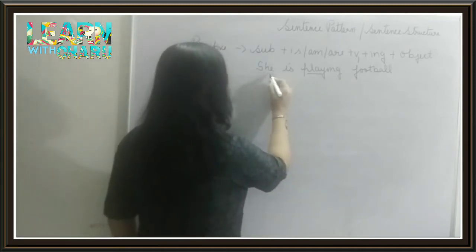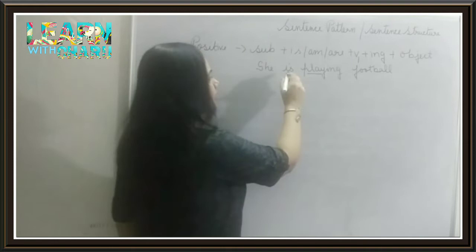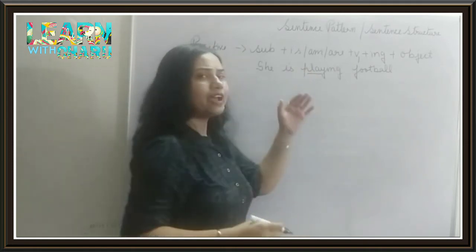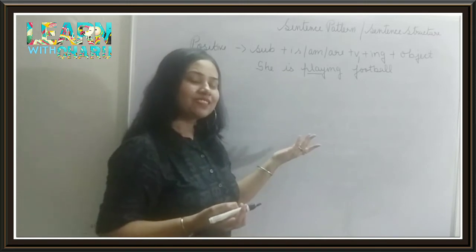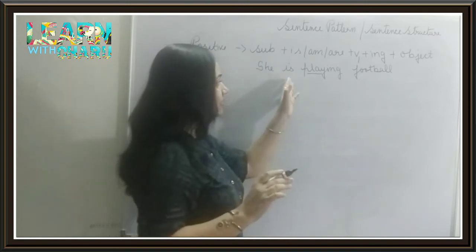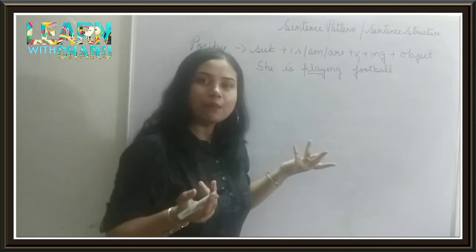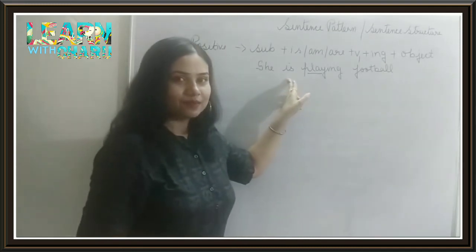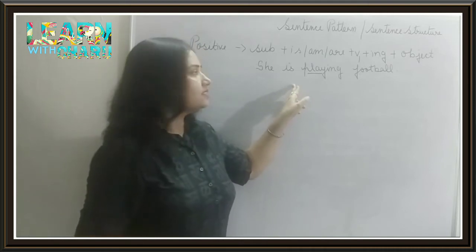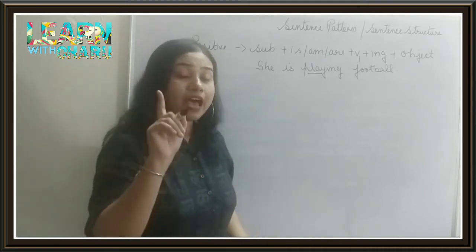She is your subject, is is your verb, and play is also your verb. Can you tell me what type of verbs are is and playing? Let me tell you. Is here is playing the role of a helping verb.